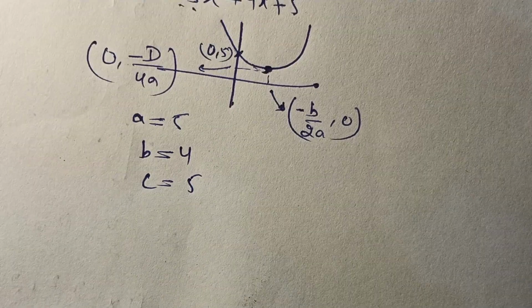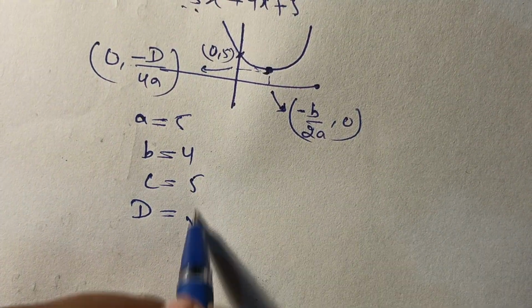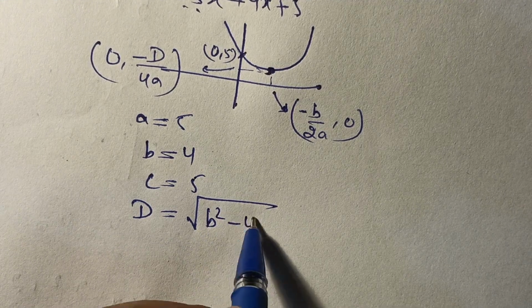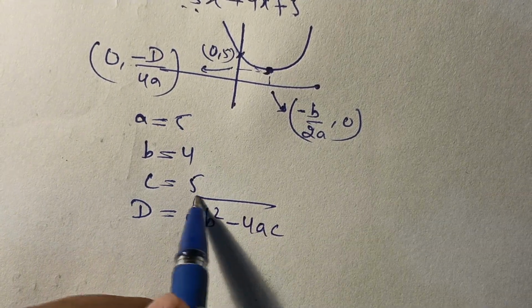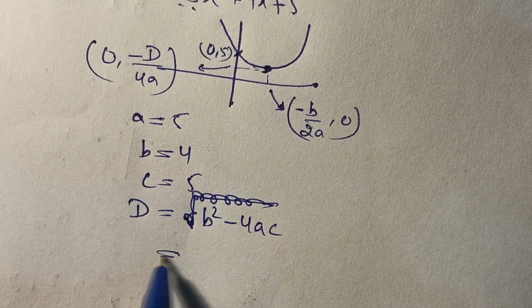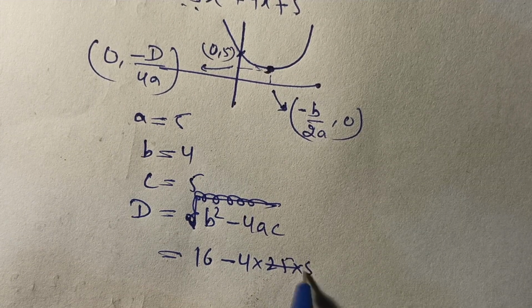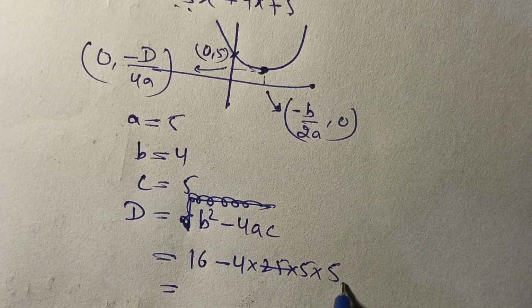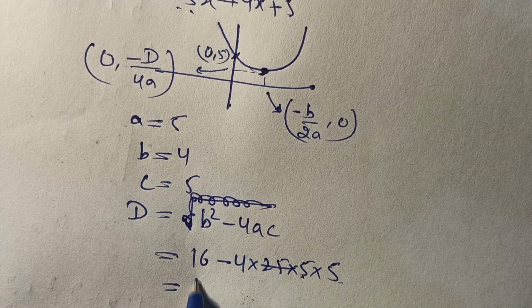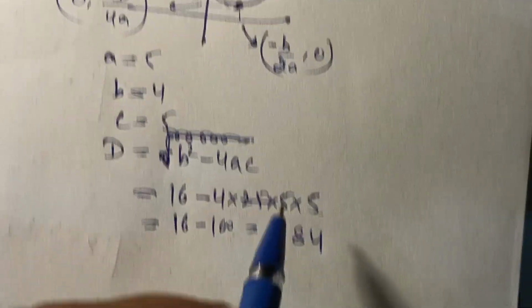Here d is known as the discriminant, d is equal to b square minus 4ac. So we can find it: 16 minus 4 into 5 into 5, which is 100. 16 minus 100 is minus 84.